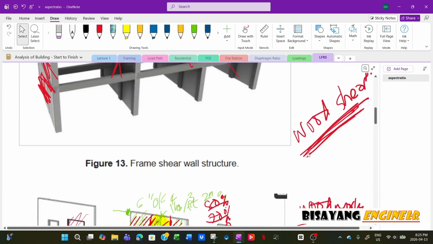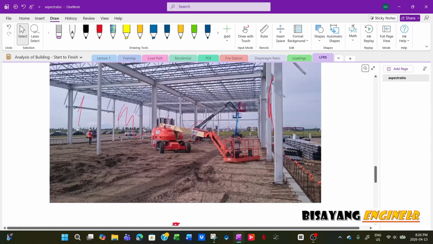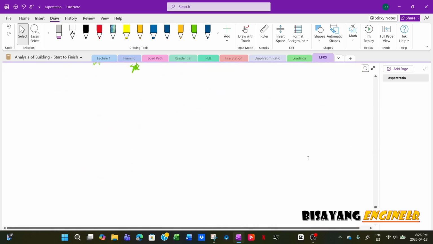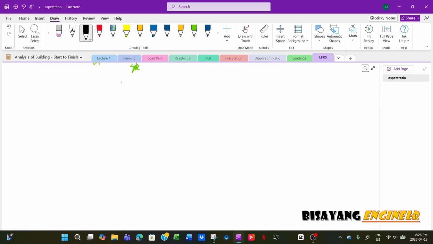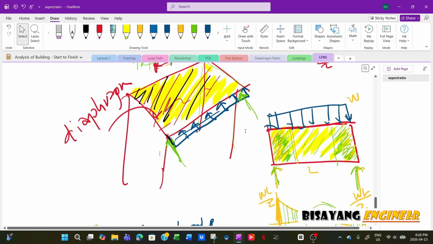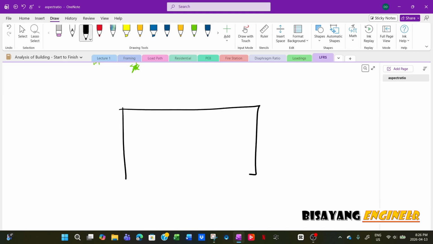So again, we will discuss the parts of the diaphragm, which we already discussed right here. You have the roof diaphragm and the lateral load. So assuming this is your roof diaphragm, and this is your load, it is like any other beam.